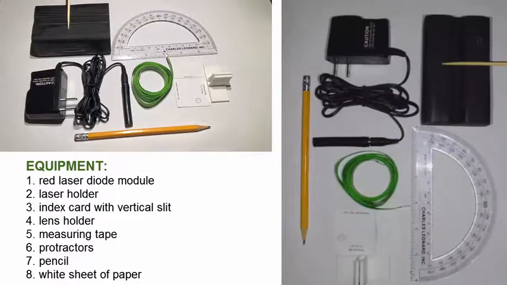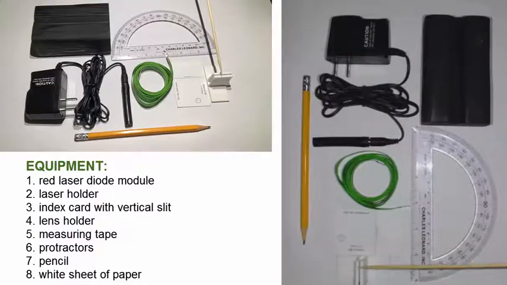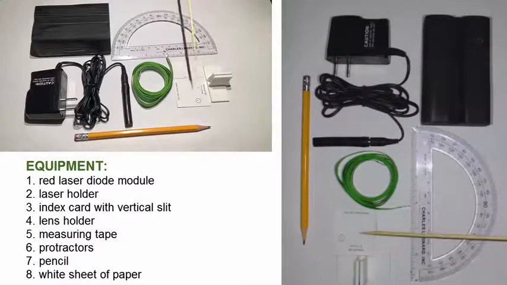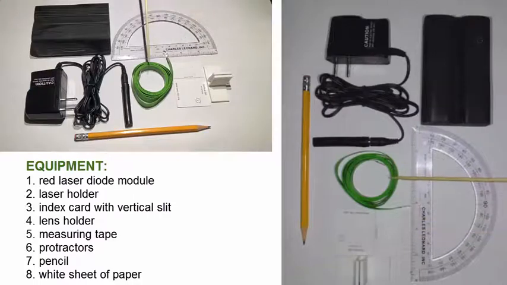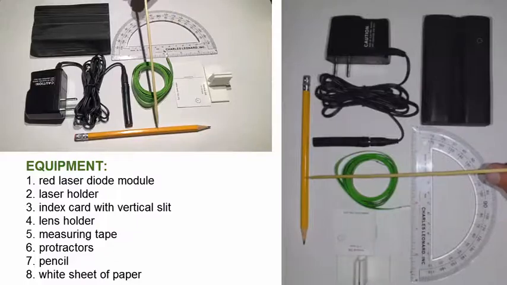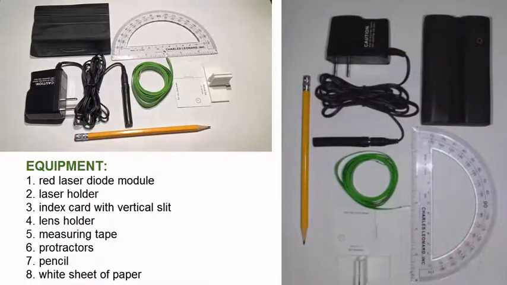a laser holder, a vertical slit with a width of 0.1 millimeter, a lens holder to be used to hold the vertical slit, and then for the measurements we are going to use the measuring tape, a protractor, a pencil, and a large white sheet of paper.